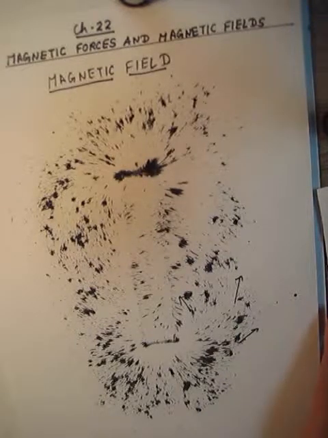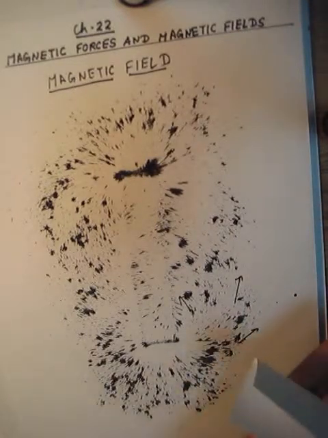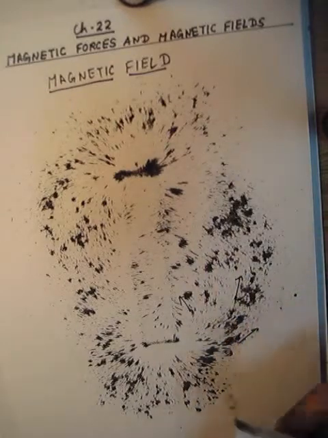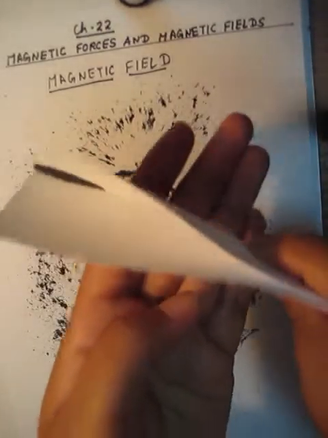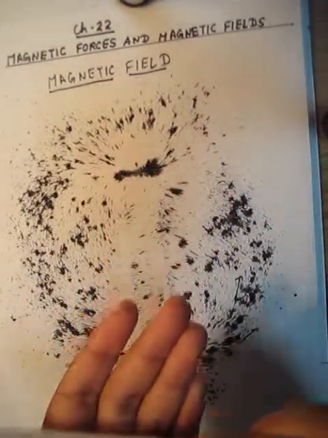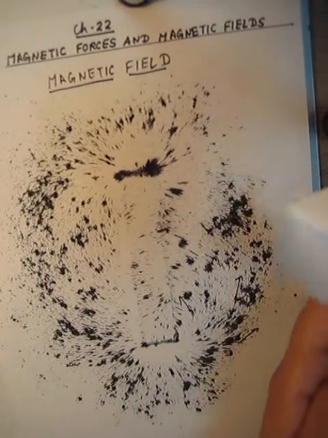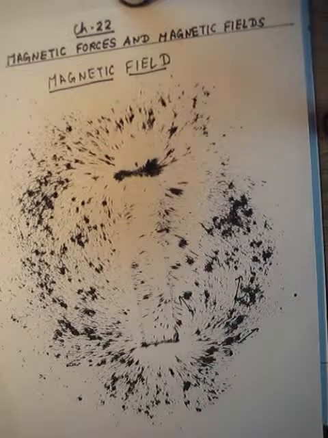Let me take some more iron filings and see if it works better. So let me put some more iron filings. Okay. So if you see minutely, there is a pattern of these magnetic field lines.